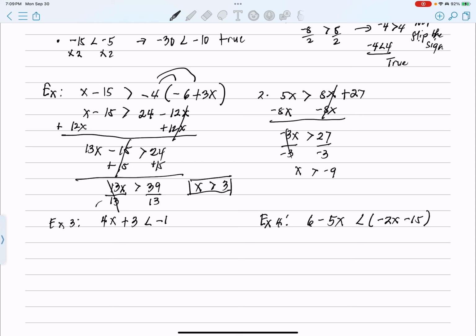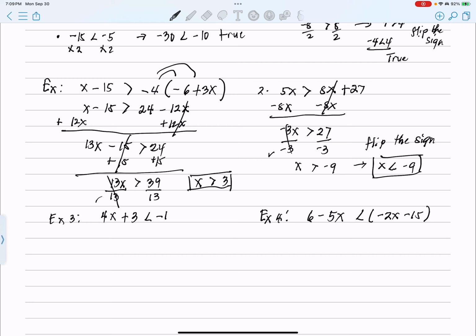Is this true? No, because we divide it with a negative number. So we're going to flip the sign. Okay? Flip the sign. This will be from greater becomes less than negative 9. This is the answer. Let's do another number.